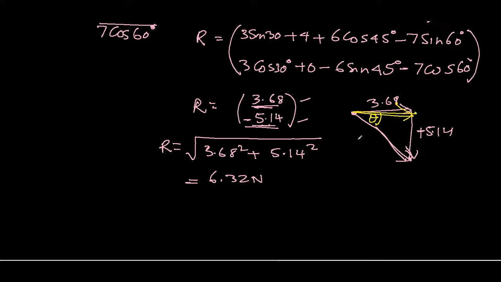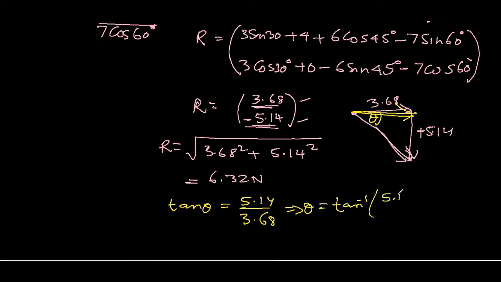Correct? So for finding theta we will use tan, because we know opposite is 5.14 and adjacent is 3.68. So theta will be tan inverse of 5.14 over 3.68. And if I use my calculator, I get almost 54.4 degrees.